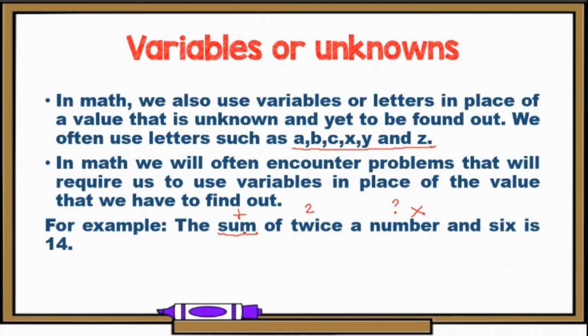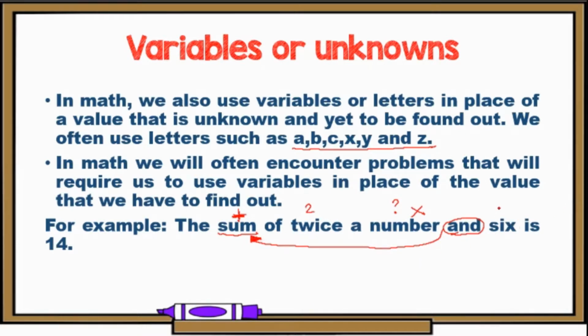Diba, the sum of twice a number and actually, this plus here, we were told that we are going to use a connective kasi meron tayong end. Yung specific na connective na gagamitin natin was determined by this word here, sum.